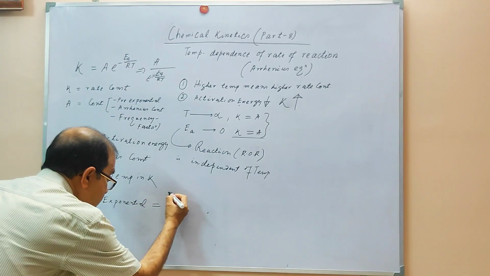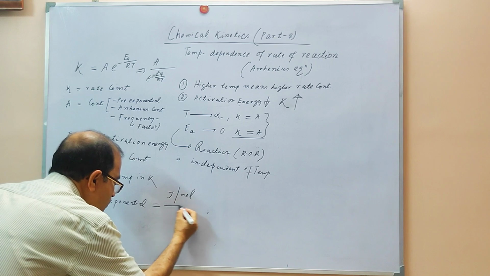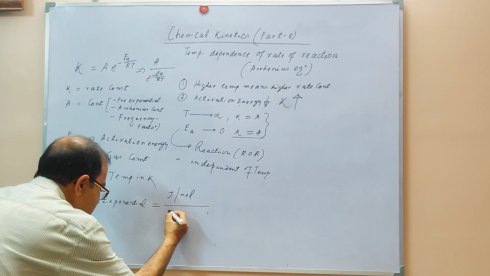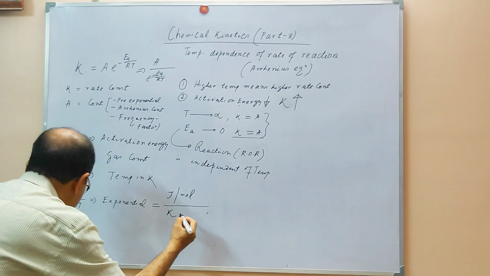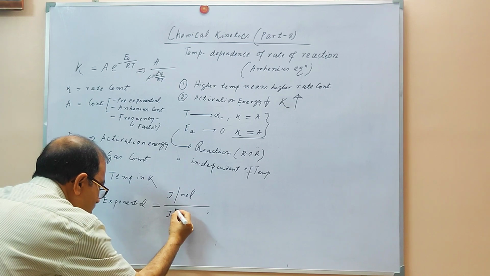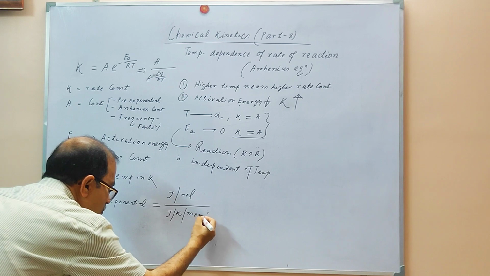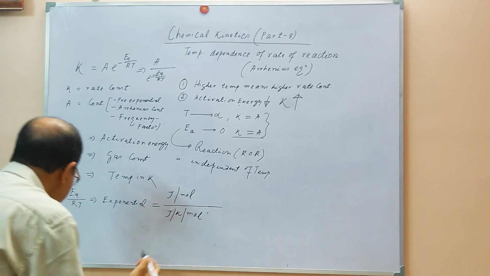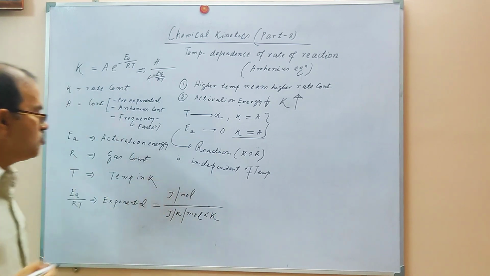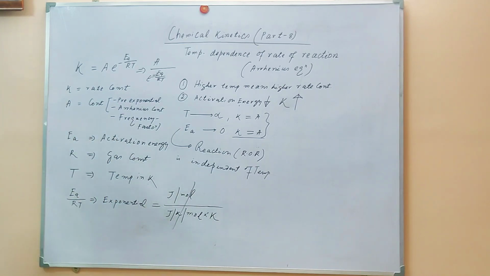Activation energy unit is joule per mole, and R is joule per Kelvin per mole, right? And T value is Kelvin. So you can see all those are cancelled out. So it is dimensionless.